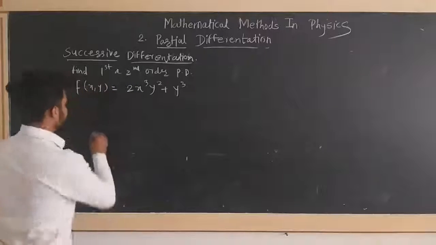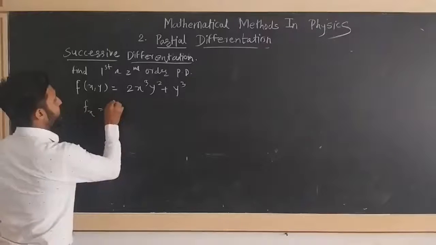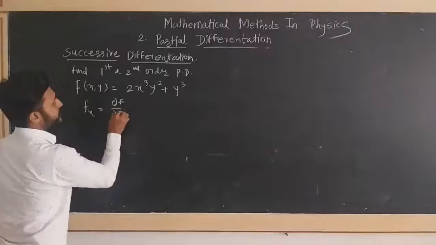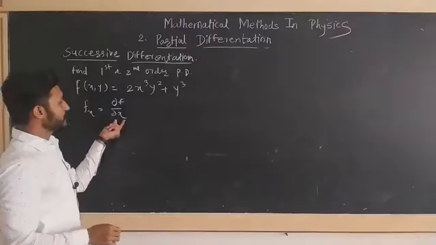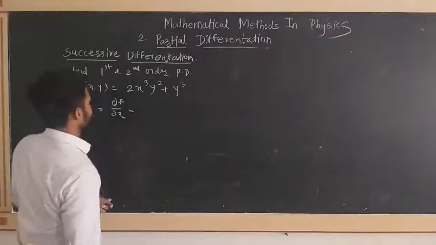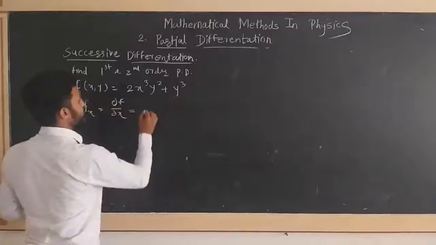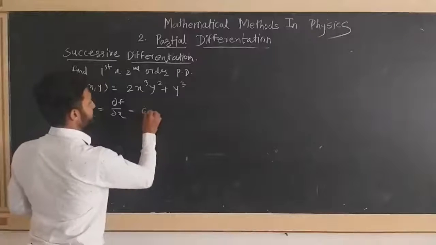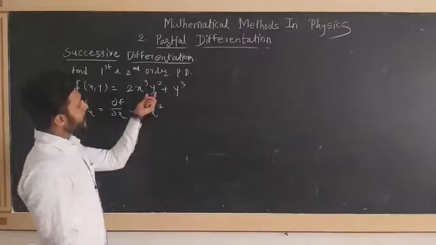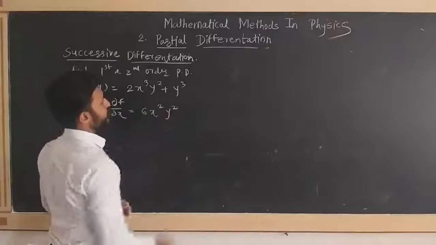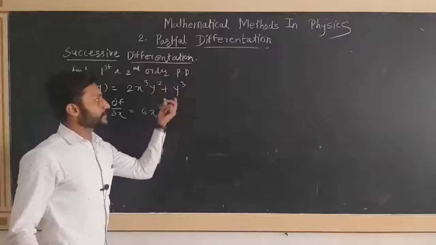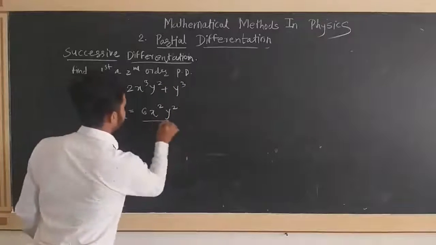First find out fx, that means ∂f/∂x, the function depends on x. So very simple differentiation, just differentiate with respect to x. 3 into 2, 6x². y² is constant forever, and the constant differentiation is 0.